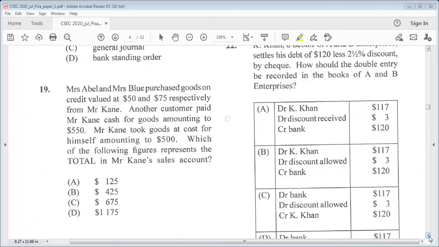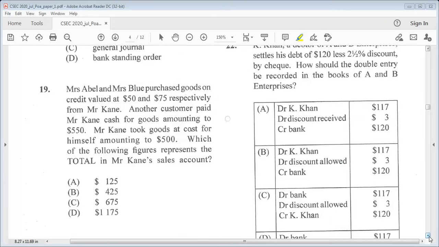A, $125, B, $425, C, $675, D, $1,175. So let's look at the transactions that would affect Mr. Kane's sales account. It says credit sales of $50 and $75. That would be in his sales account.